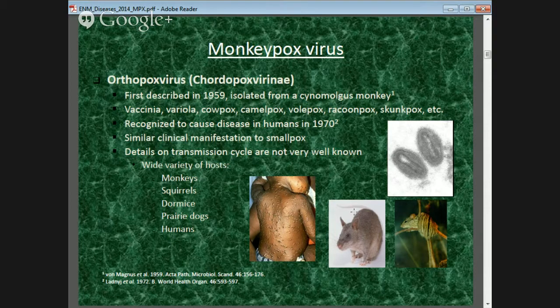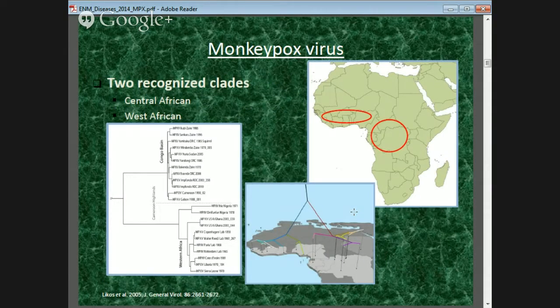Although this disease has been recognized for these many years, there's not much that is known about its reservoir in wildlife or its host, and how is this virus maintained in nature. But it is known now that there's two clades of monkeypox virus.